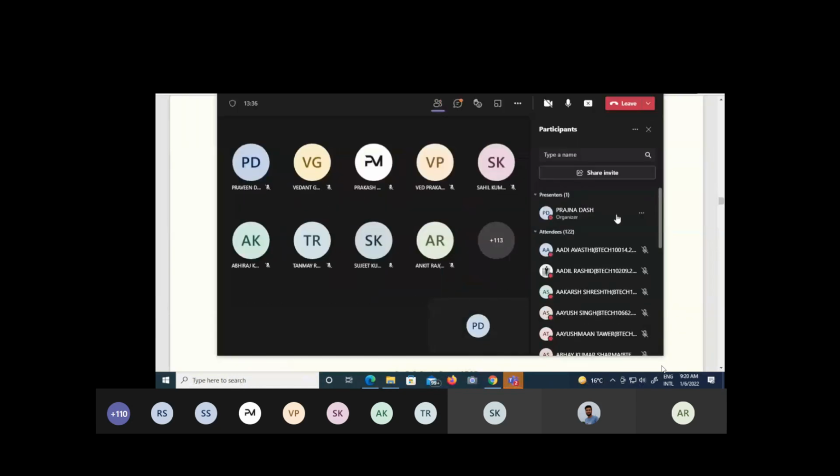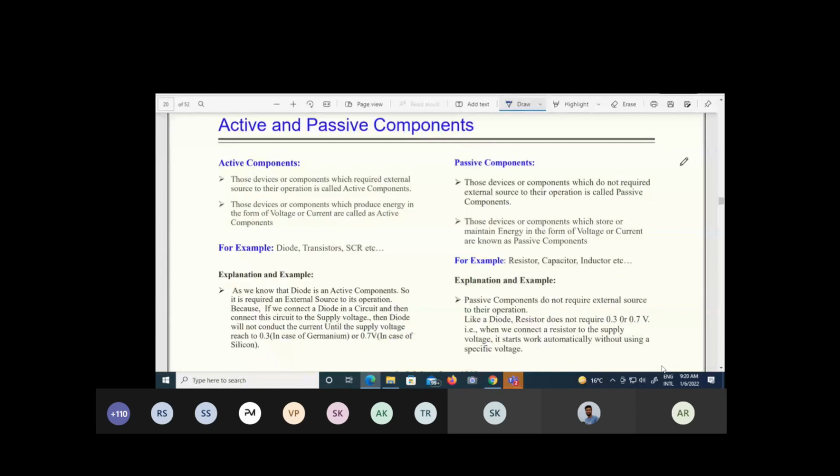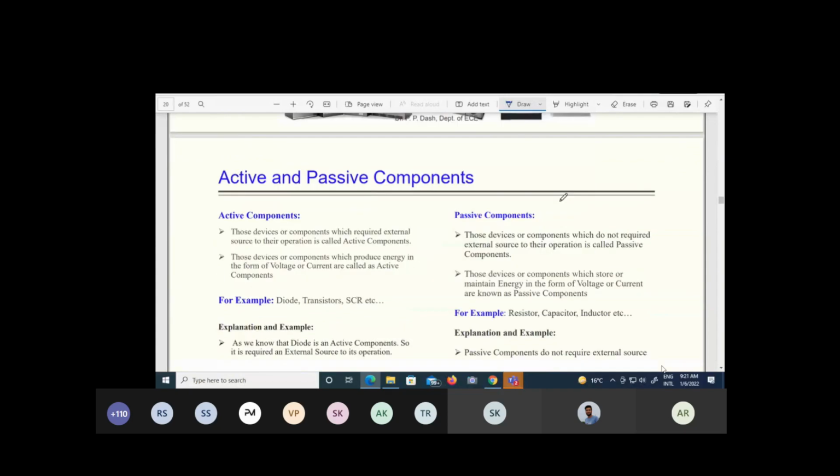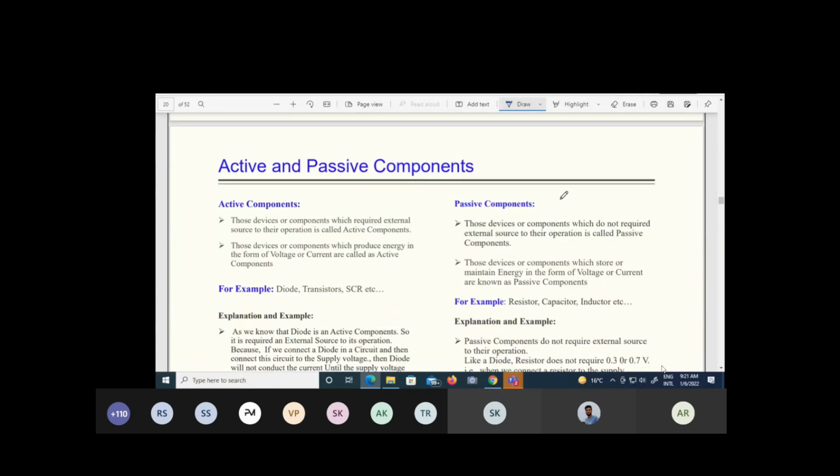Op-amp means one amplifier which, with some modification, can be made in such a way that we can use it for various operations.